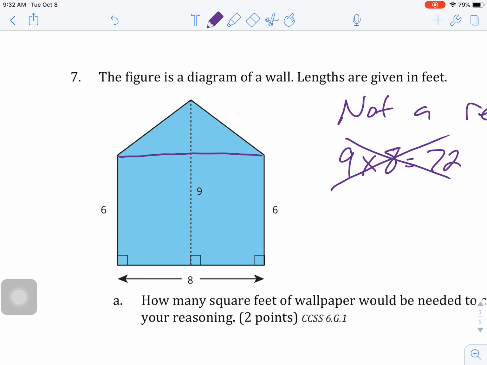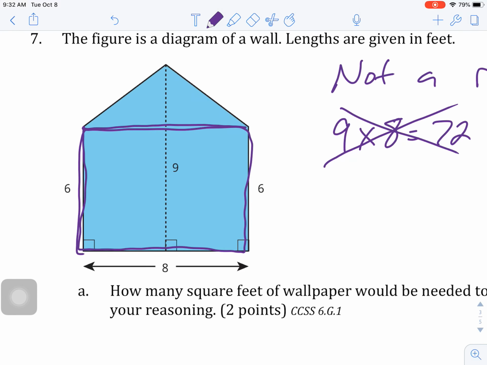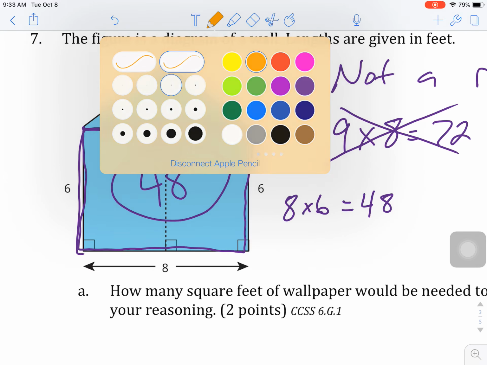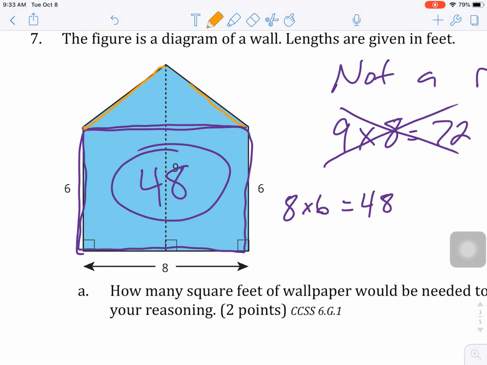So I'm basically making, and I'm going to color code this, down here on the bottom, I have a big purple rectangle. I'm going to find the area of that by doing the length times the width. So that would be 8 times 6, so 48 would be this rectangle on the bottom. Okay, it leaves me with this triangle, which I'm going to color in orange. Okay, so right now there's really no numbers labeled, so we have to do a little thinking.